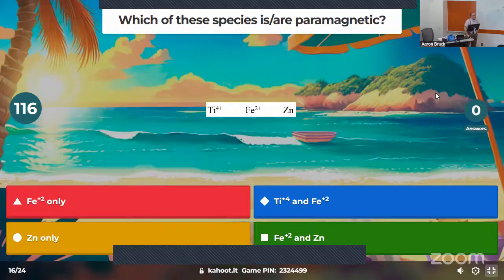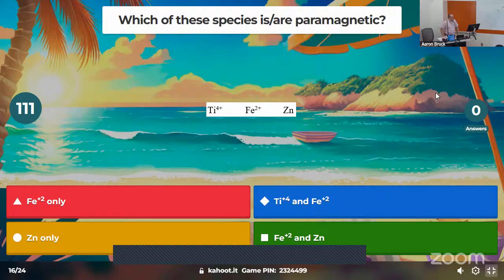Okay, chances are pretty good you're not going to be able to answer this question without context. Paramagnetism, not something that we talked about explicitly as an atomic property.